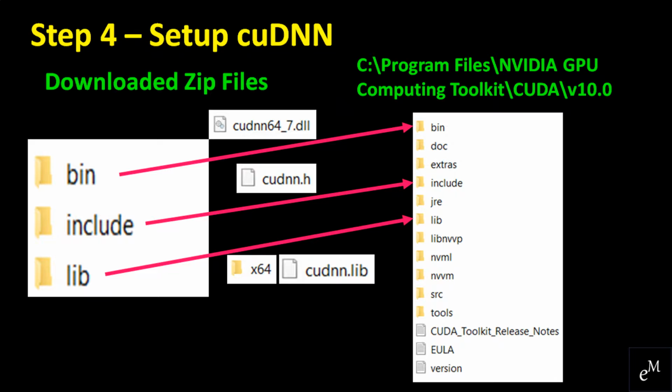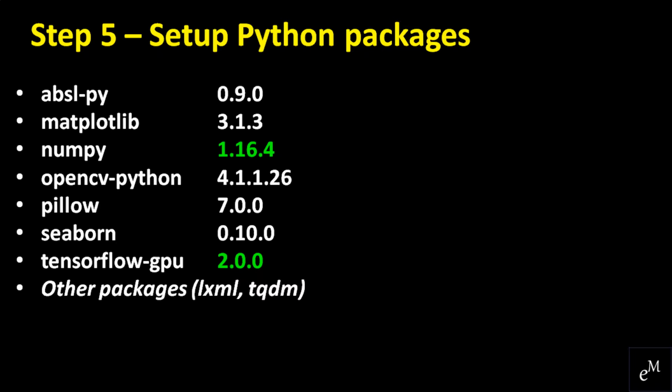You should see many folders inside the directory, but 3 of them should have exactly the same names as shown in the downloaded zip file. That is bin, include, and lib. What you need to do is to open each of the folders in both the zip file and the toolkit and copy the files into your folders one by one accordingly. Now you are all set.